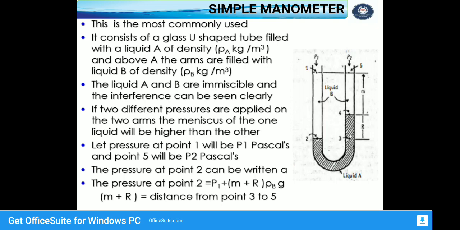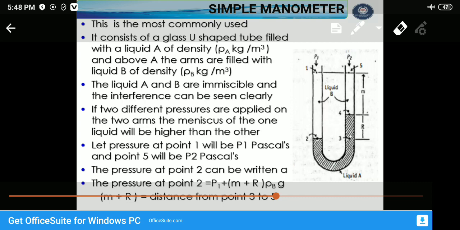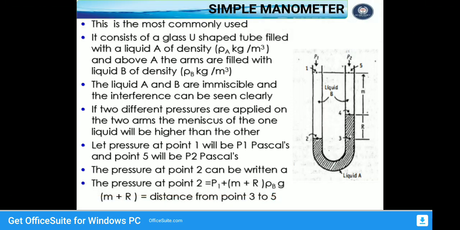If two different pressures are applied on the two arms, the meniscus of one liquid will be higher than the other. Let the pressure at point 1 be P1 Pascal and at point 5 be P2 Pascal.